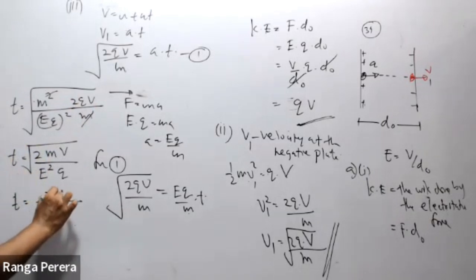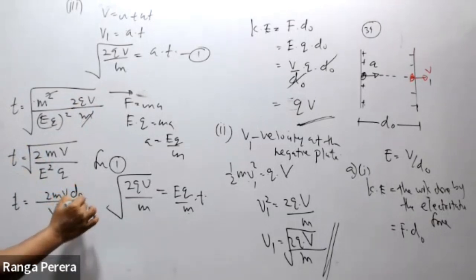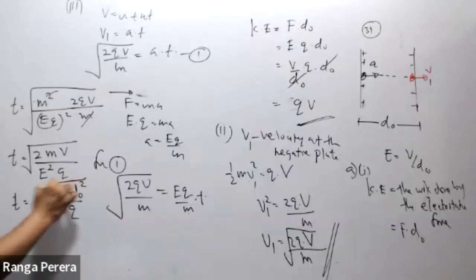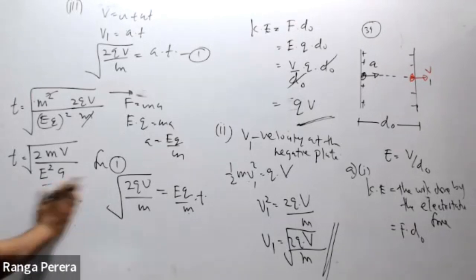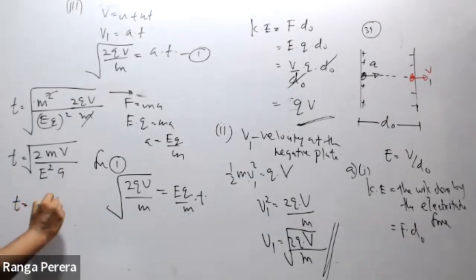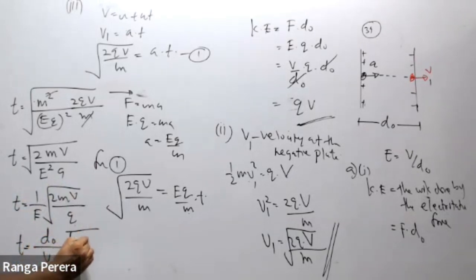It can also be replaced with V squared divided by d naught squared. So T equals 2mV into d naught squared divided by V squared into q, where capital E means V divided by d naught. Check whether you got my point.